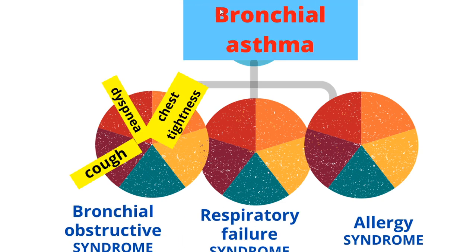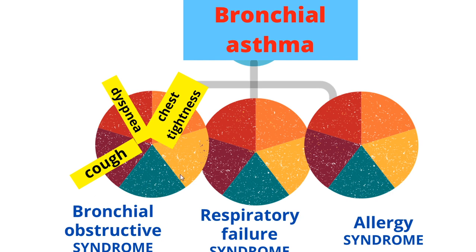Example: bronchial asthma is a disease. Inside bronchial asthma we have different kinds of syndromes, like bronchial obstructive syndrome, when our bronchi become too narrow because of an allergic process. Also, bronchial asthma has allergy syndrome. Also, bronchial asthma has respiratory failure syndrome. But this bronchial obstructive syndrome, which has different symptoms like cough, dyspnea, chest tightness, which are caused by one mechanism, may be part of different kinds of disorders.